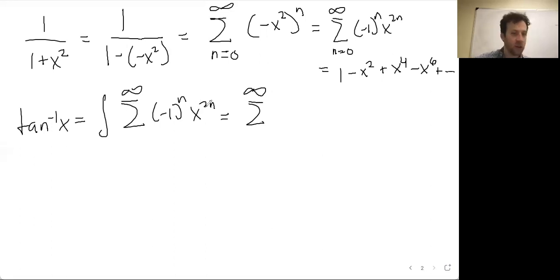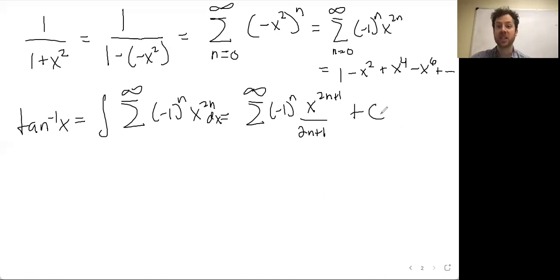So when we're integrating, I should write a little dx in here, x is the variable, so minus 1 to the n doesn't do anything. But x to the 2n, we increase that exponent by 1, we divide by that new exponent, and then we have this plus C because we integrated.